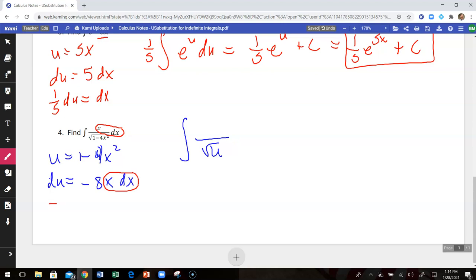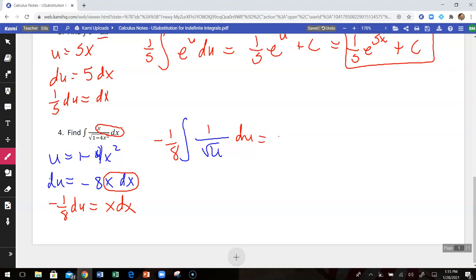So I'm going to divide by the negative 8 so that I get that negative 1/8 of du is equal to x dx. So I can replace all of that with negative 1/8 du, which means I can put the negative 1/8 out front. I'm going to put the du here. So what do I put on top? I can just put a 1 there.